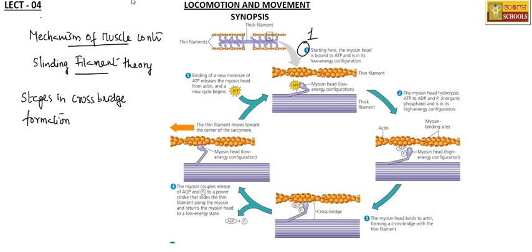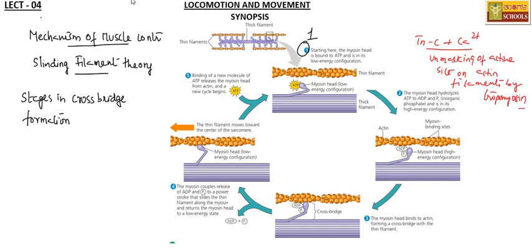As I told you, when TNC binds with calcium ions, it results in unmasking of active sites on actin filaments by tropomyosin.